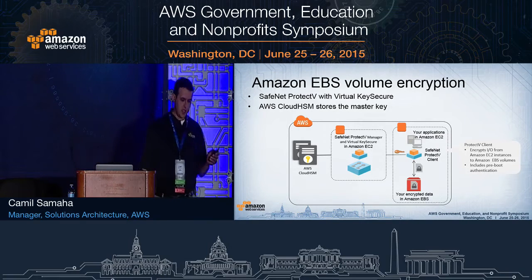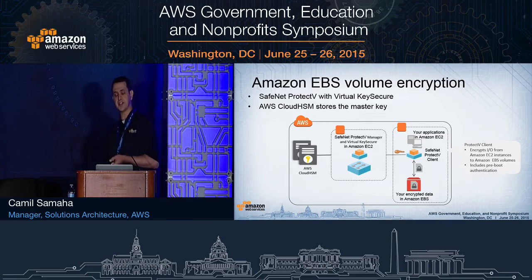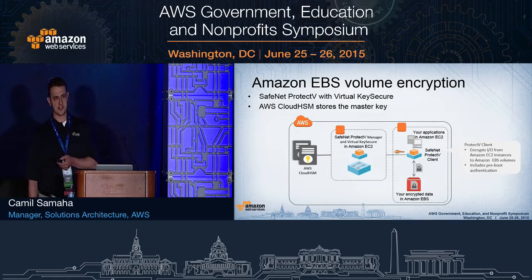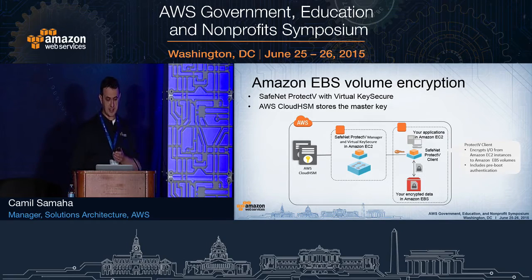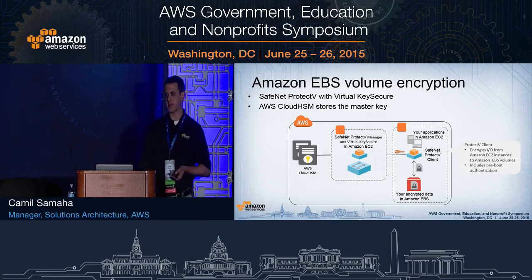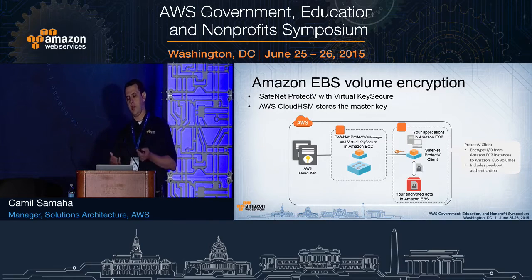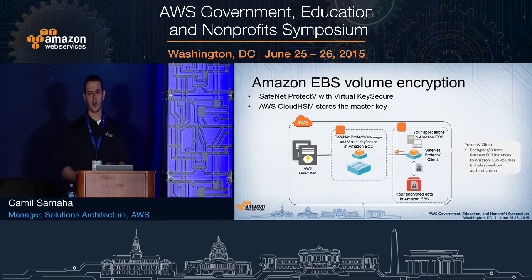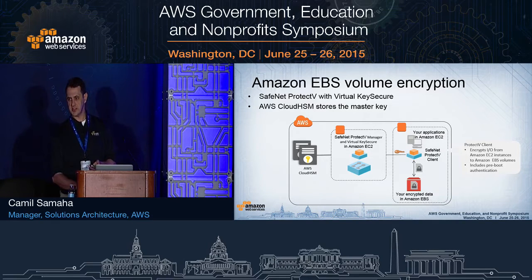Now the ProtectV client leverages the ProtectV Manager, which is available in the marketplace, and the virtual key secure infrastructure available from SafeNet to leverage the key hierarchy for the data encryption keys.